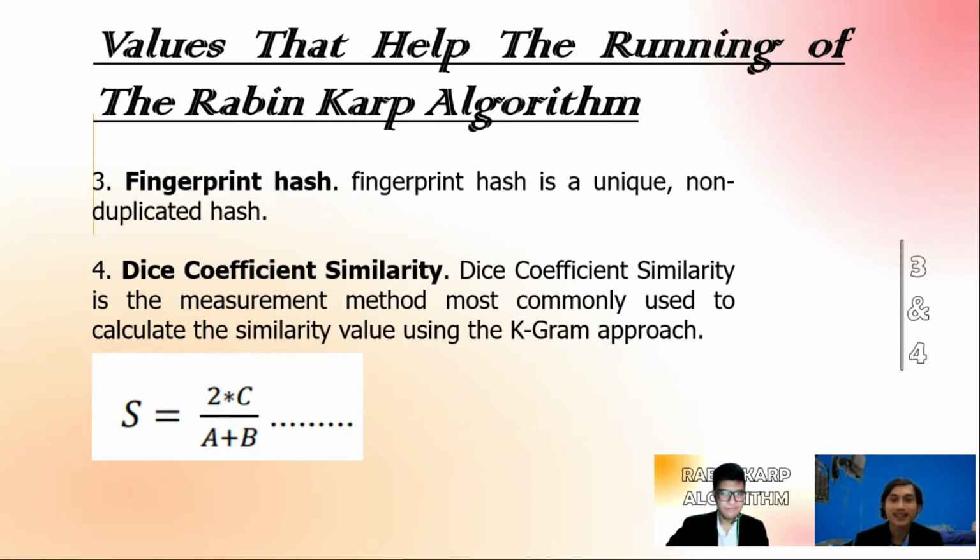Fingerprint hash is a unique, non-duplicated hash. Fourth, we have dice coefficient similarity. Dice coefficient similarity is the measurement method most commonly used to calculate the similarity value using the Kgram approach. And this is the formula of similarity.